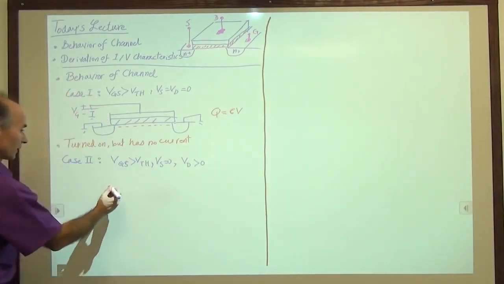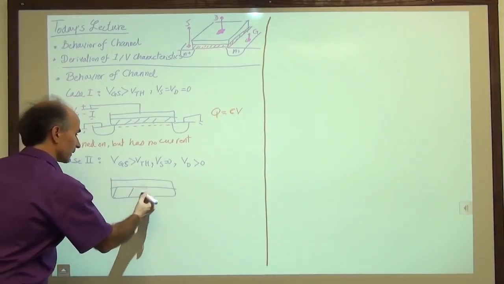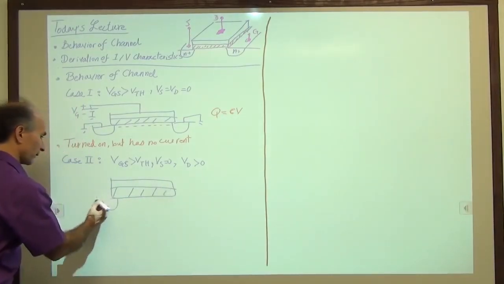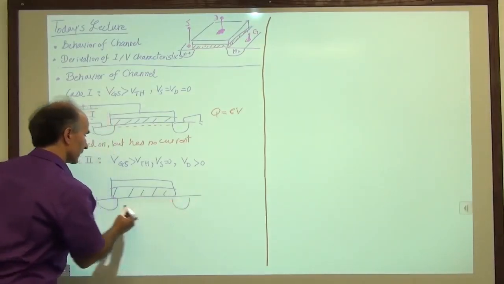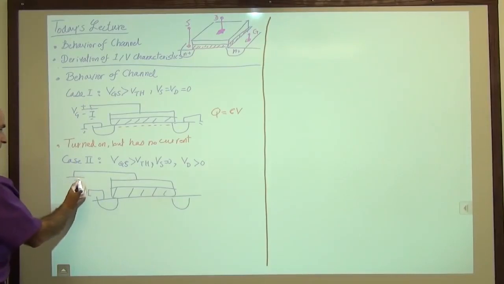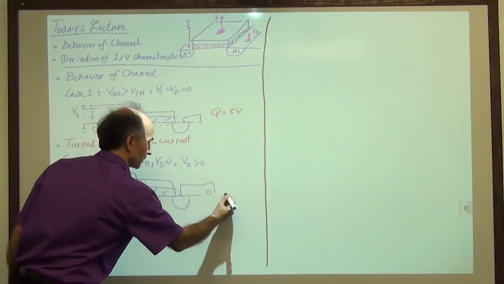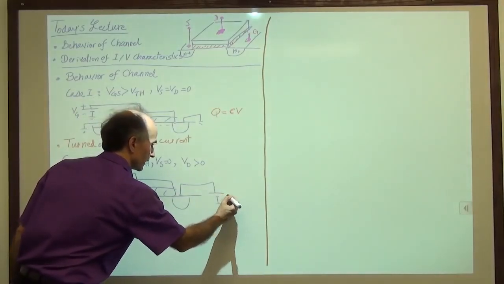So here's the situation. Again, we draw the device quickly, like so. We have our source and drain, and source is at 0. The gate goes to the battery, VG. The drain also goes to the battery, VD.